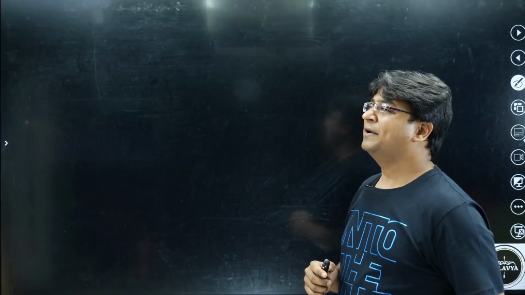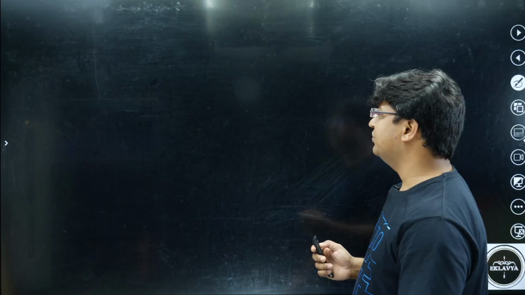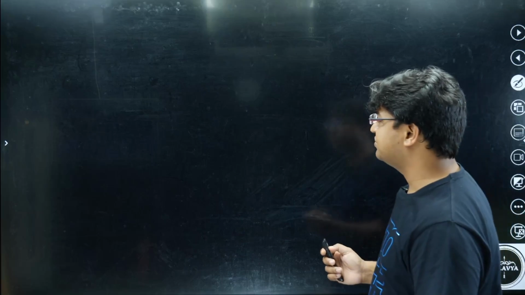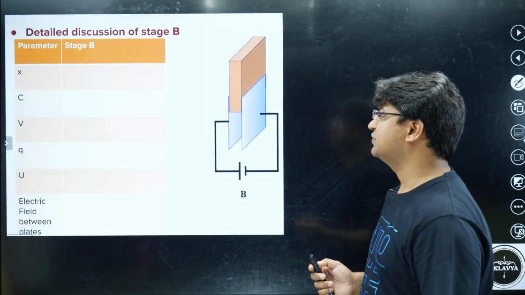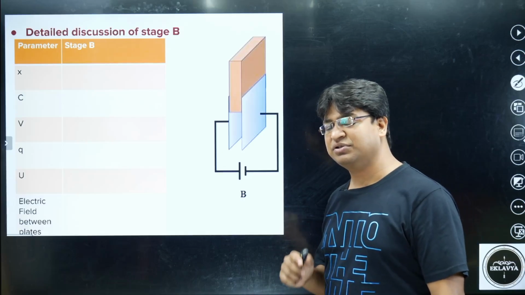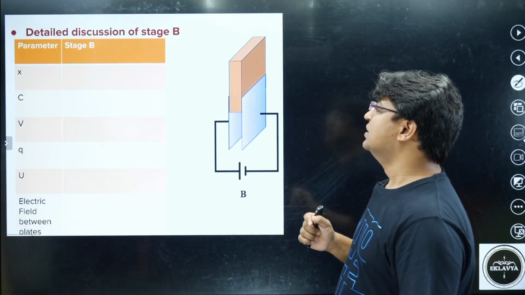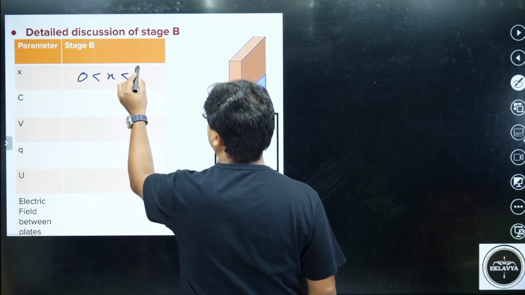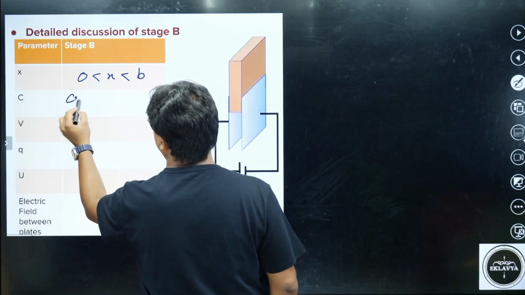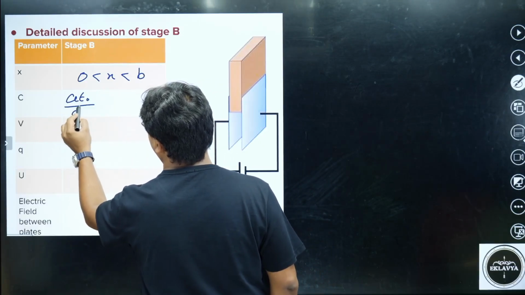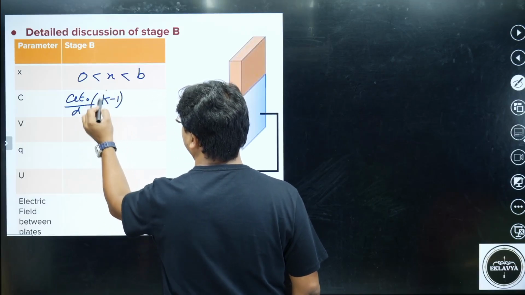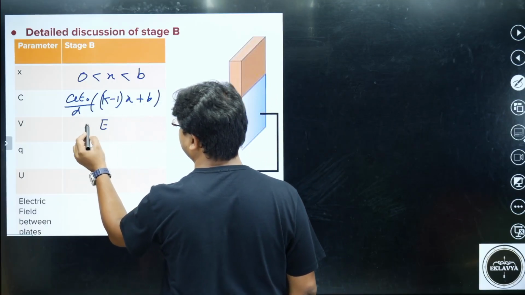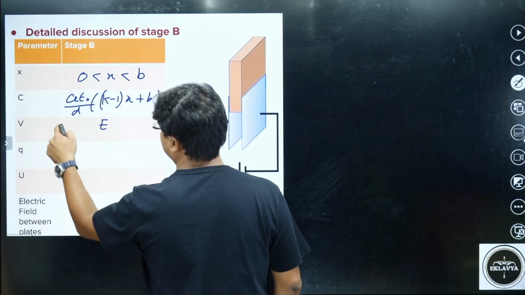So before we move to stage B, or should we move to stage B? Yeah, let's write for stage B also, and then we'll try to understand. So here X is some intermediate value. Capacitance is something that we wrote earlier, K A epsilon naught by D, and then K minus 1 into X plus B. Okay, the potential difference will still be E. The charge would be the product of these two.